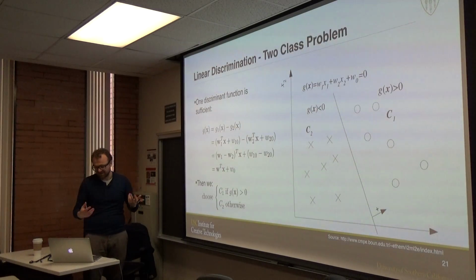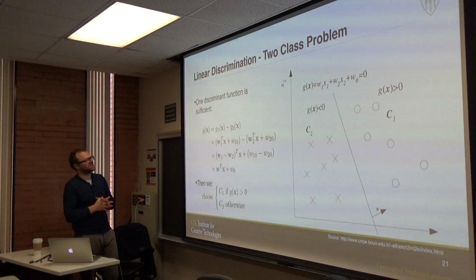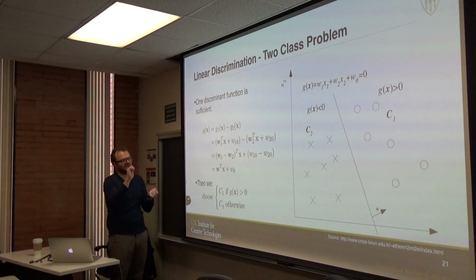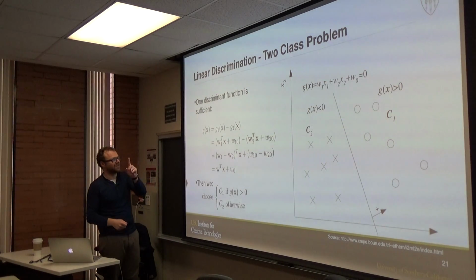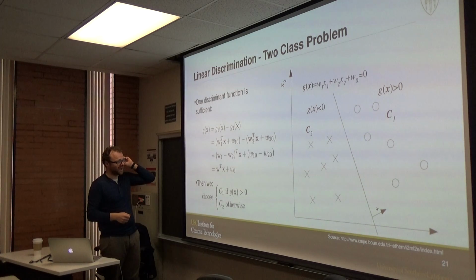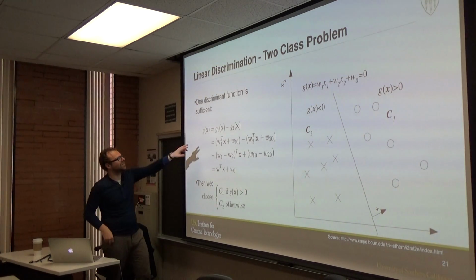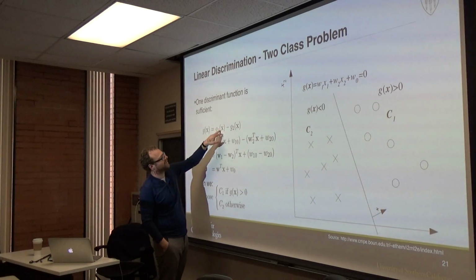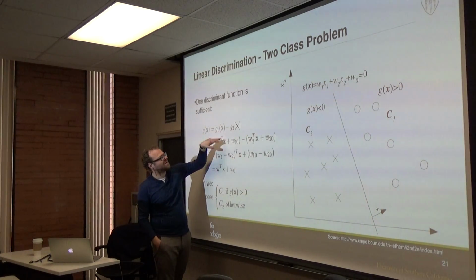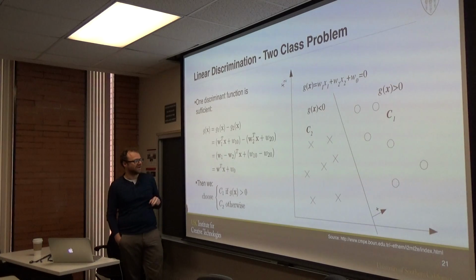And geometrically, this can be interpreted as such, where if we separate two classes, we only need to learn one discriminant, and this gives you an idea how you can combine two discriminants into a single discriminant.